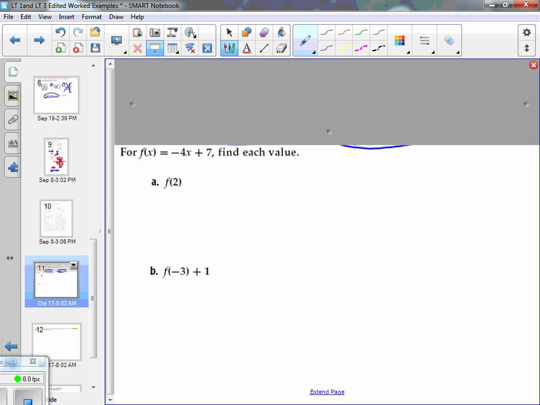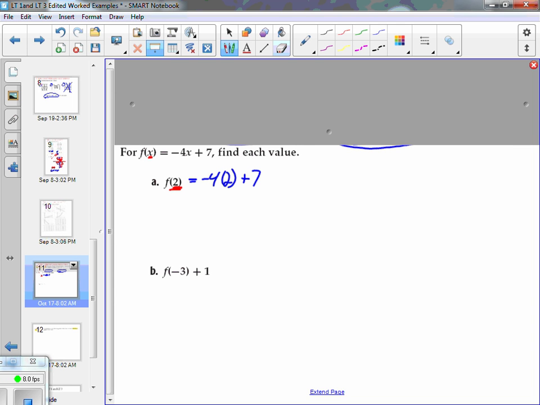Now, what f of 2 means is simply replace the x with a 2. Notice how whatever's in the parentheses, those are your x's. Okay? So if f of x equals negative 4x plus 7, f of 2 equals negative 4 times 2 plus 7. You follow me?